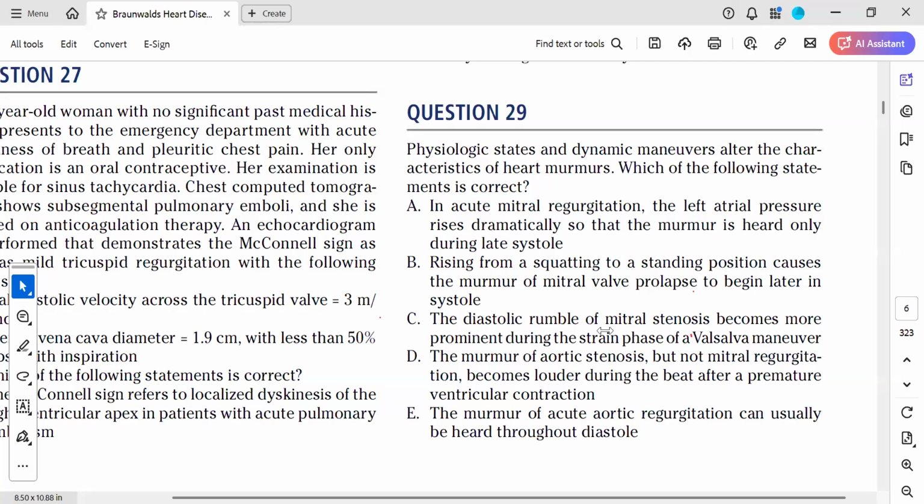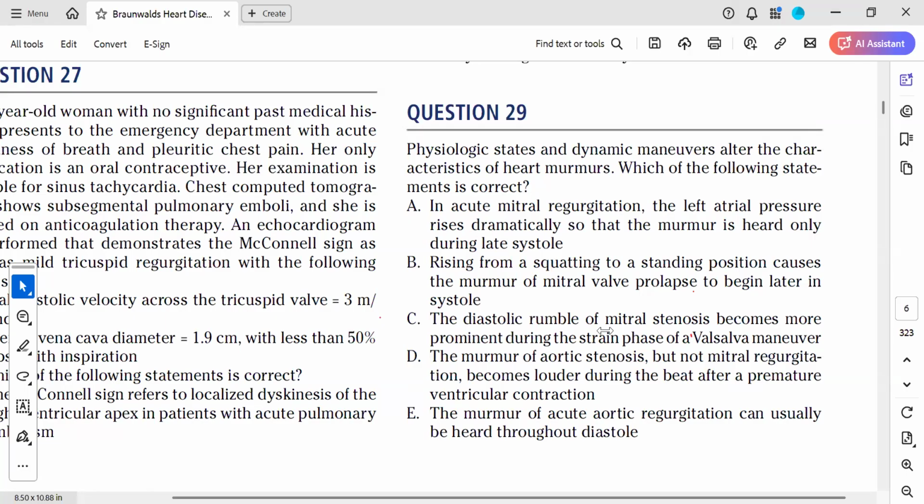Now, going back to the question, the first statement says, in acute MR, the left atrial pressure rises drastically so that the murmur is heard only during late systole. Now, if you look at what happens in acute mitral regurgitation, because it's acute, the LA walls are still non-compliant, meaning that there is a rapid rise in the left atrial pressure.